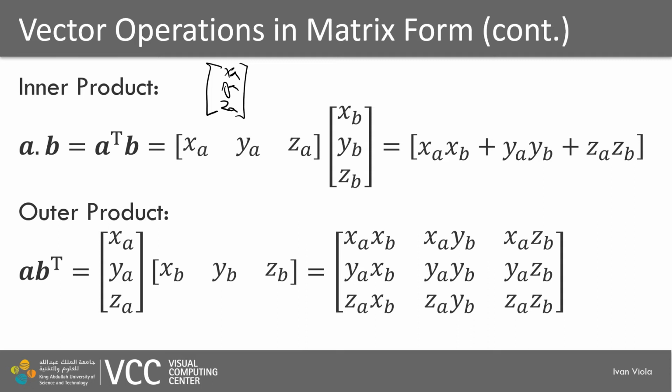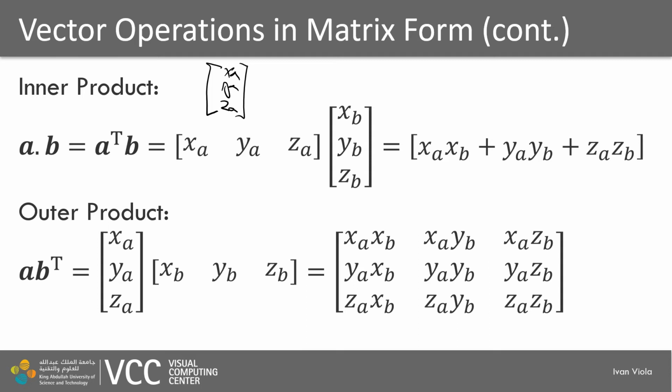We can also define something called an outer product, where we are multiplying a column vector with a row vector, and this will actually end up as a matrix. It will not even be a vector, it will be even bigger, a matrix, if our transpose is the second vector in this multiplication.